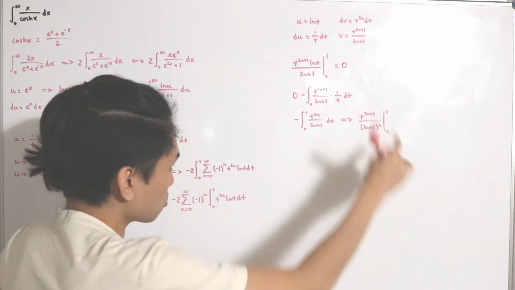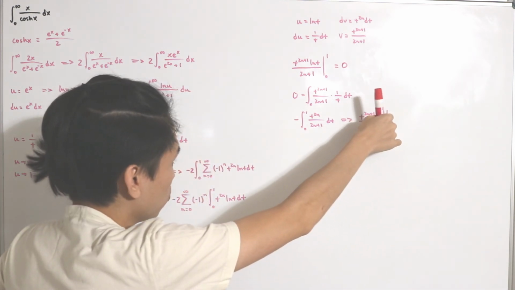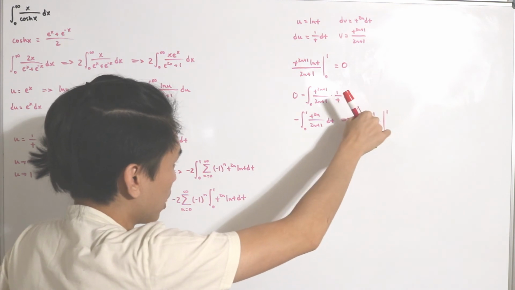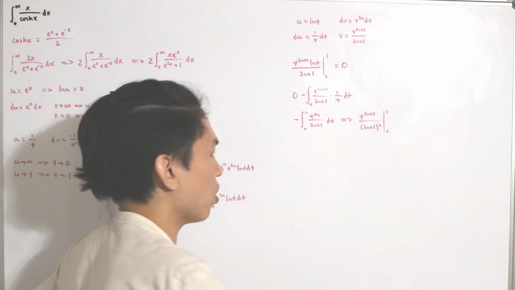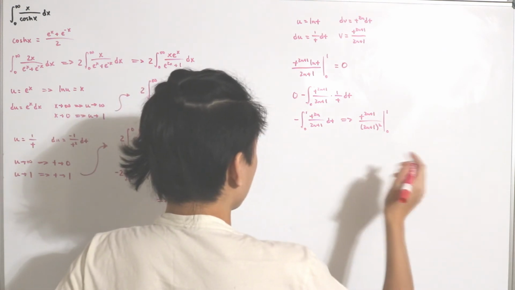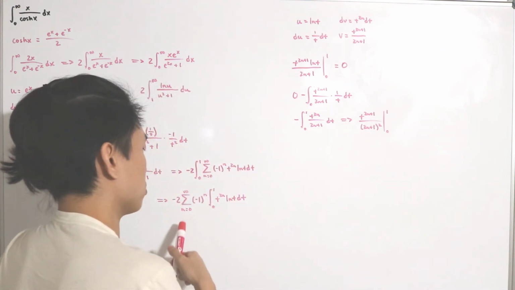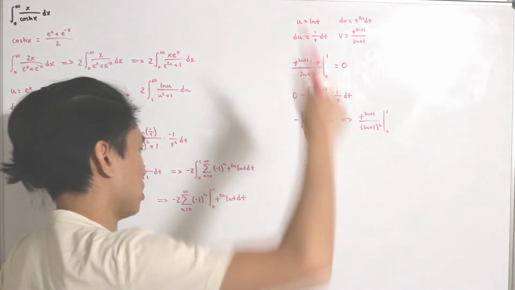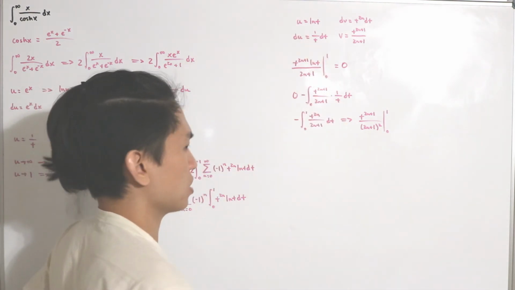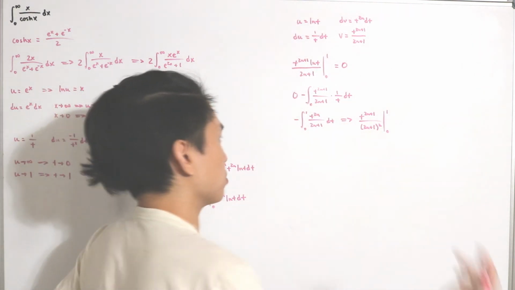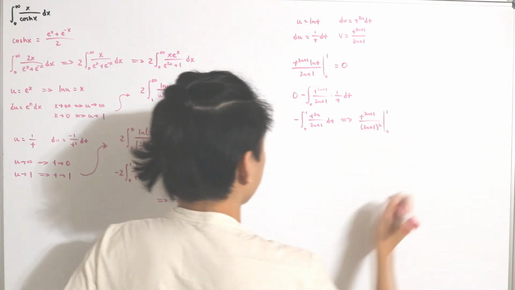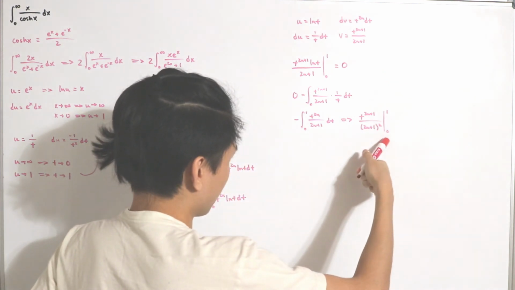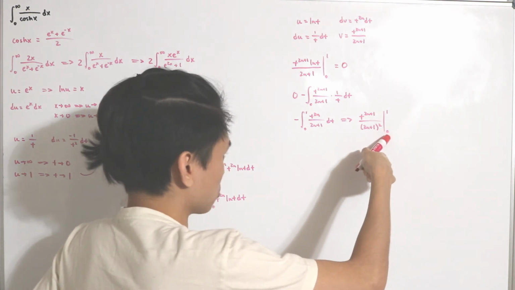Notice when we plug in t equal to 1, 1 raised to any exponent is always going to equal 1. And because our index starts at 0 and goes to infinity, the exponent is all positive, so it's always going to equal 1. Let's evaluate it at 0 also.